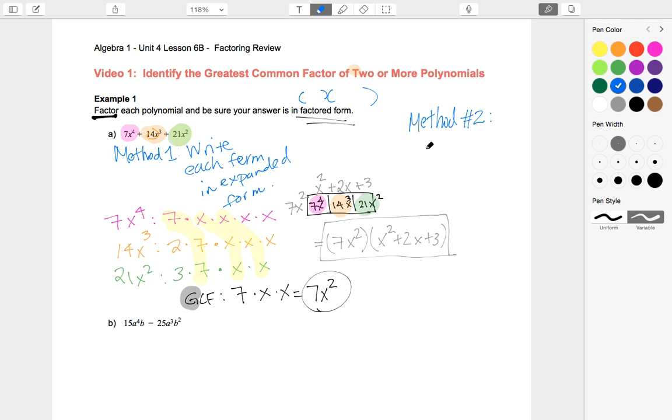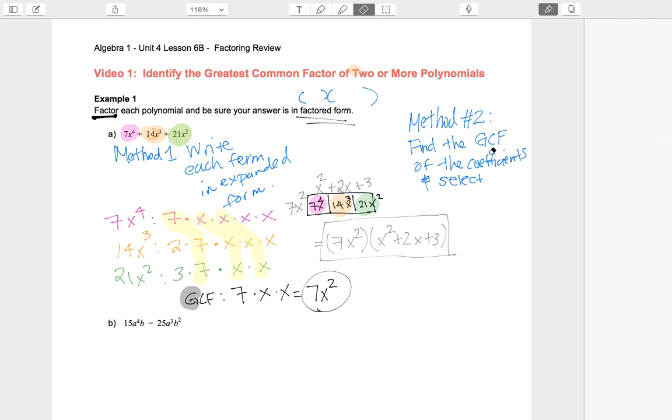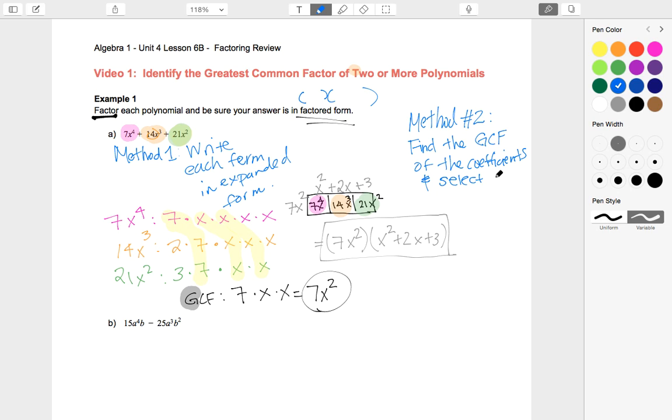Method 2 just means to find the GCF of the coefficients and select each variable with the lowest exponent.